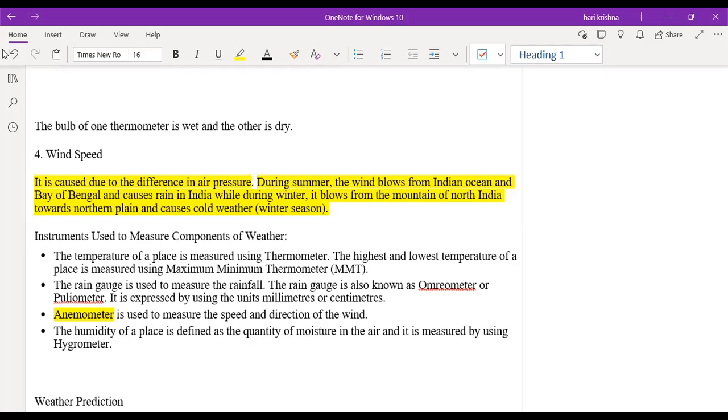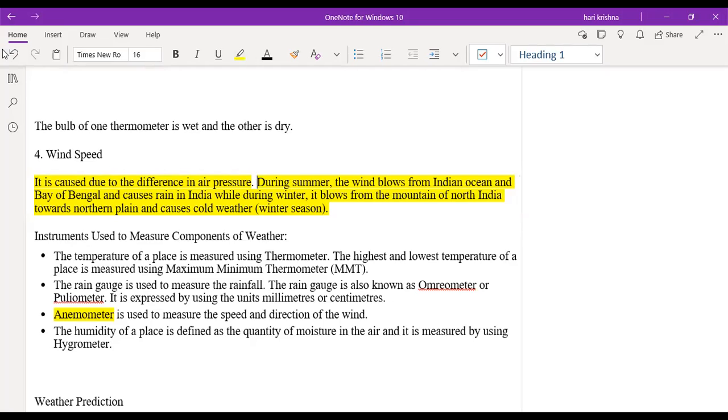Then how will we measure the wind speed in a particular place? How can we measure the wind speed in a particular place? Anyone? Sir, can you repeat?